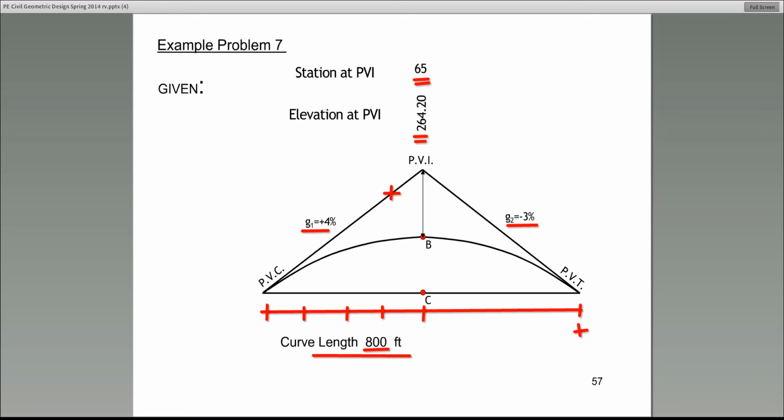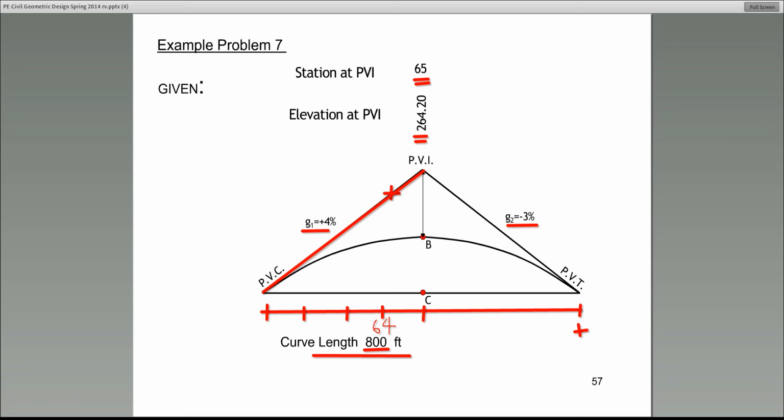What is the elevation on the grade line at station 64 plus 00? Station 64 is here. Does everybody follow?